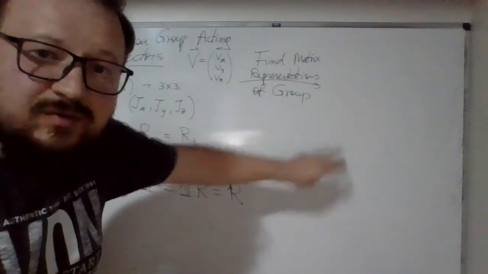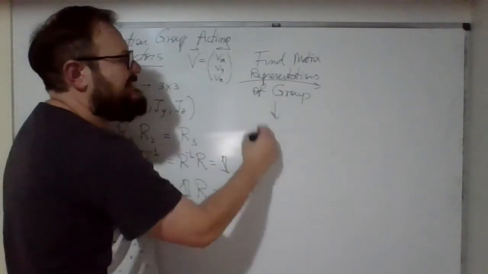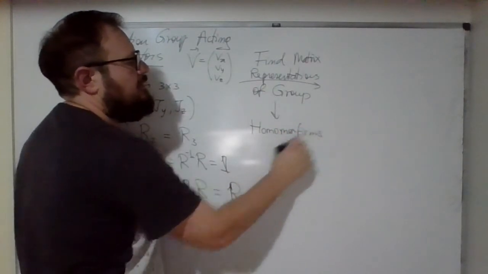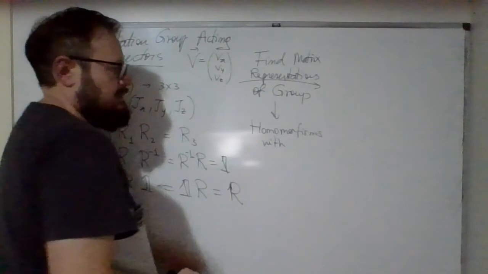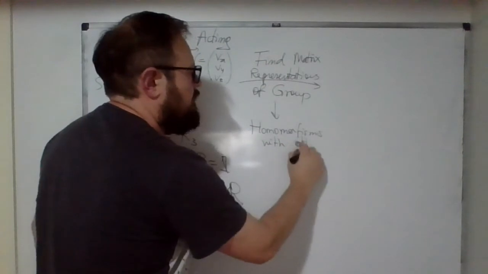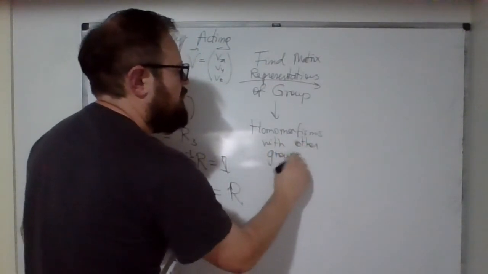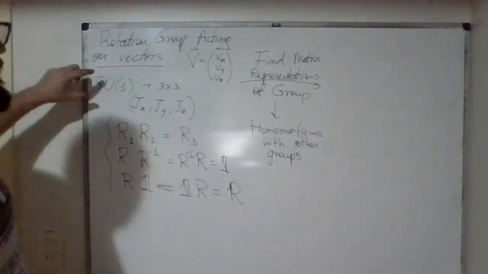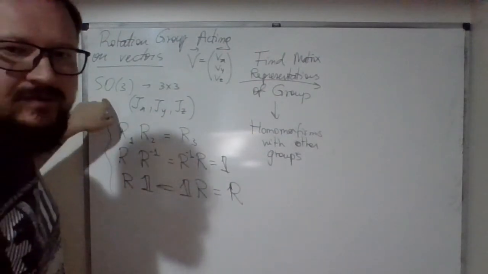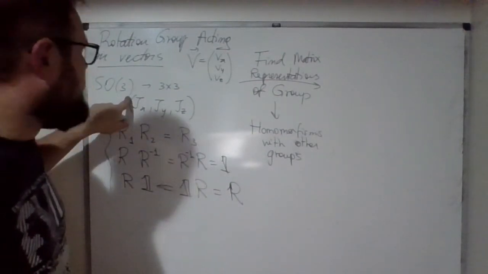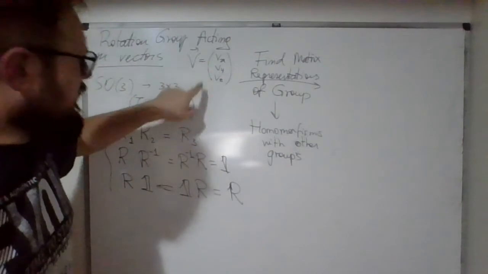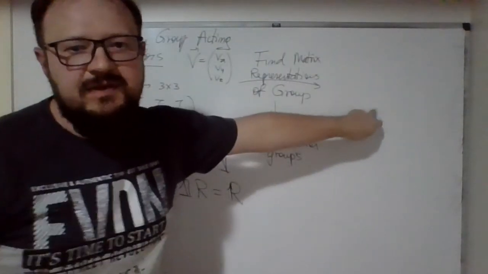Finding matrix representations corresponds to finding some homomorphisms with other groups, such that to every element of this group here, to every element of the special orthogonal group in 3 dimensions, which is the group acting on real vectors in R3, there corresponds an element in the representation.